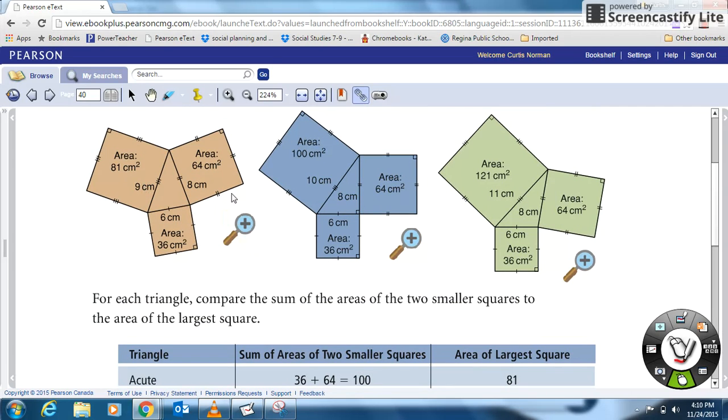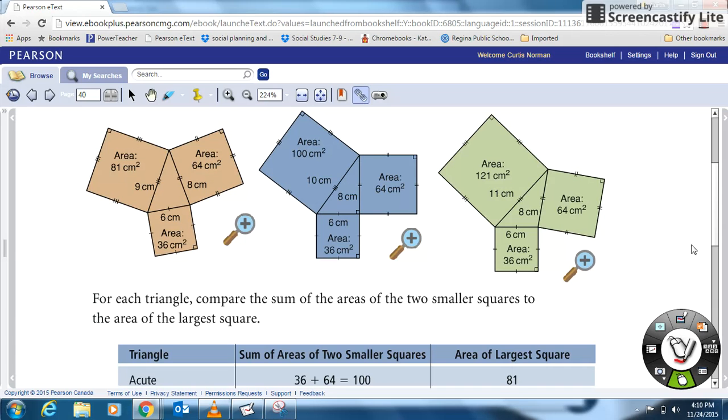What I always think of is that every angle is less than 90 degrees. In this case they're all smaller, they're acute. The reason we know is that when we add up the areas of the two smallest legs, it's more than the area of the longest side. So we know it's acute.